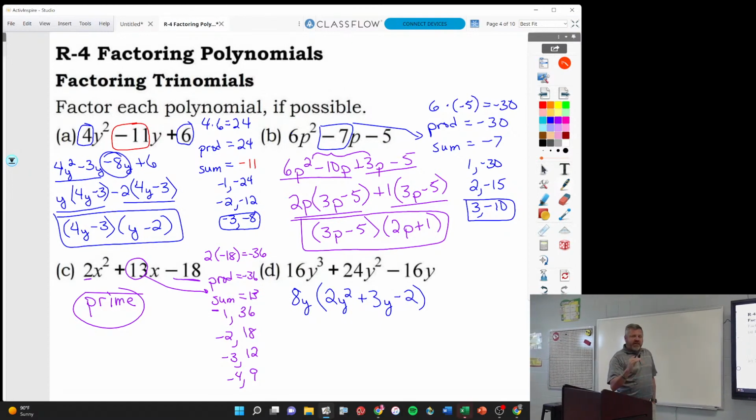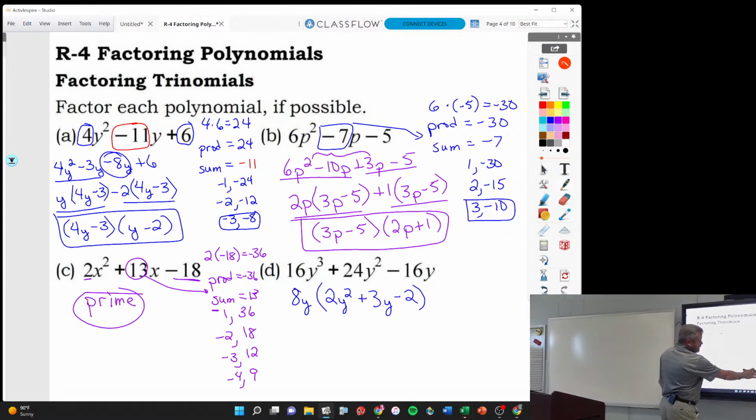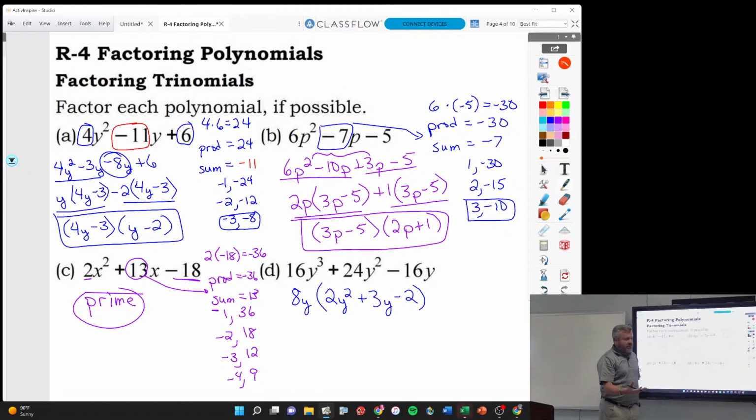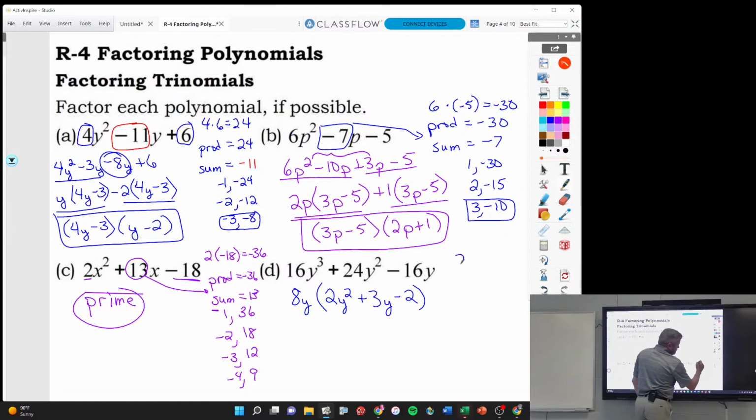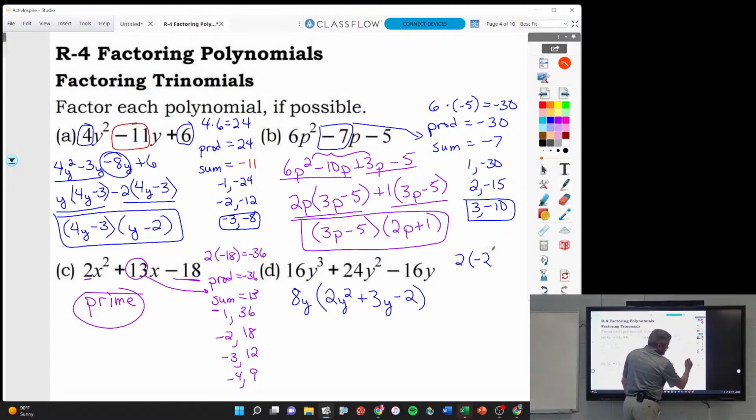But we always have to ask ourselves at every step in factoring, am I done? Okay? So let's look at this trinomial. Does it factor? Well, let's see. It's a quadratic. My first coefficient is 2. My constant is negative 2. So 2 times negative 2 is negative 4.